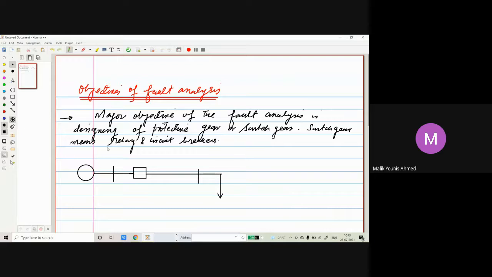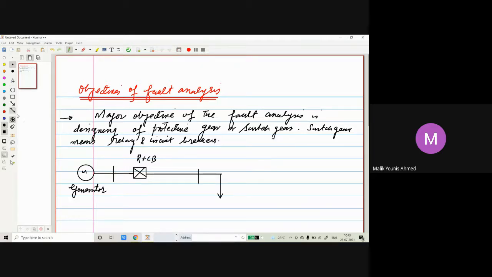And this is the generator. This is relay plus circuit breaker. I will write it like relay plus circuit breaker.